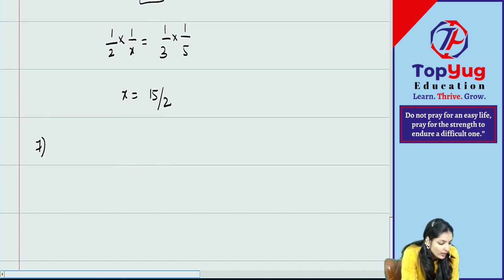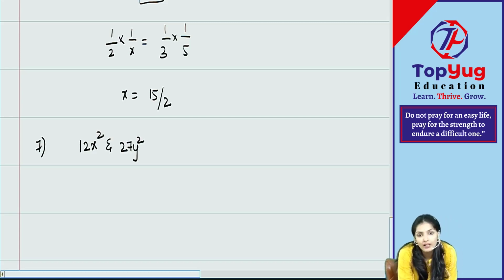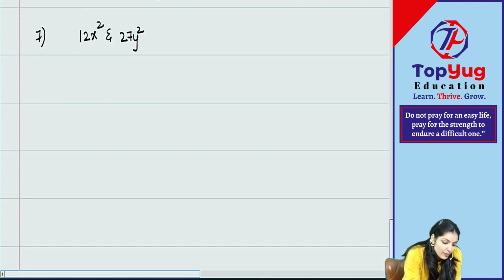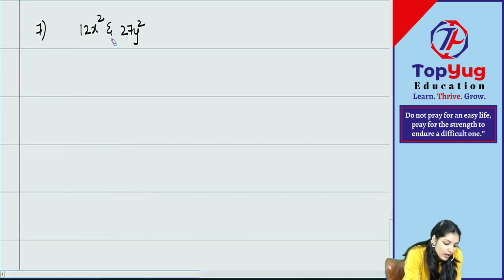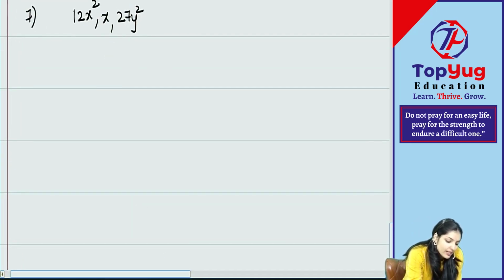Now the seventh one. Mean proportional between 12x square and 27y square. So basically the middle one would be x. So 12x square, comma, x, comma, 27y square. So we know x square is equal to 12x square into 27y square.